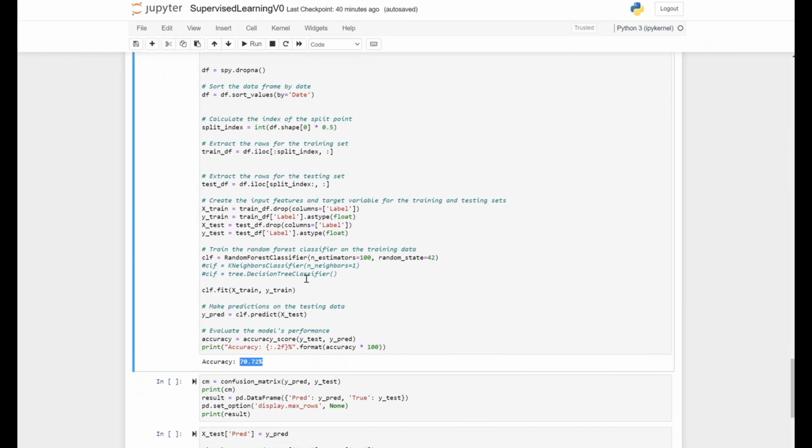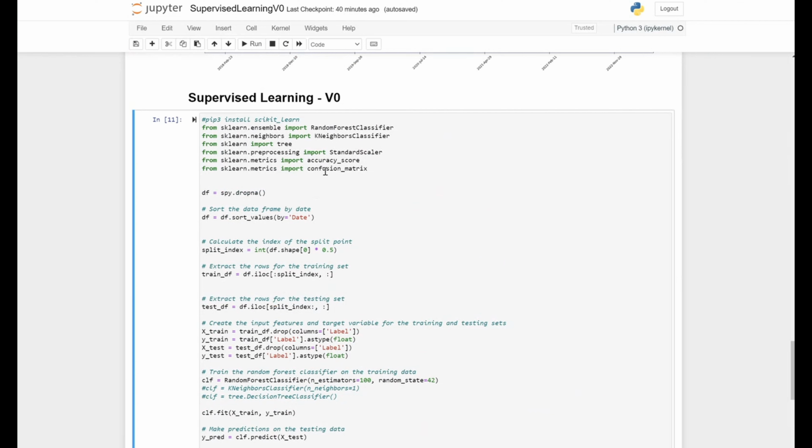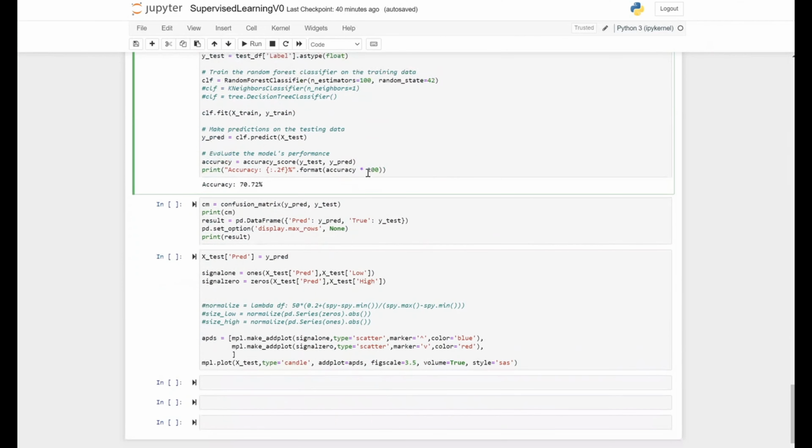In order to calculate the confusion matrix, here we import confusion_matrix from sklearn.metrics. In the previous episode, we just imported accuracy_score. So now we import this confusion_matrix. Then we calculate the confusion matrix based on the predicted labels.